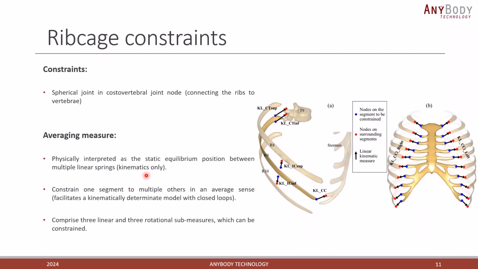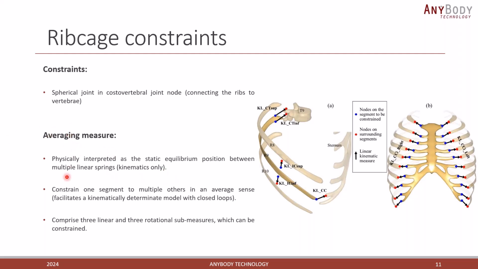So let's say you have a segment in the air, and then you have some springs connected to that, and then when you release the segment, it will find the equilibrium position, and that's what this averaging measure does. But note that it's not springs, it's just linear measures, and it's just for kinematics only. It doesn't do any forces.